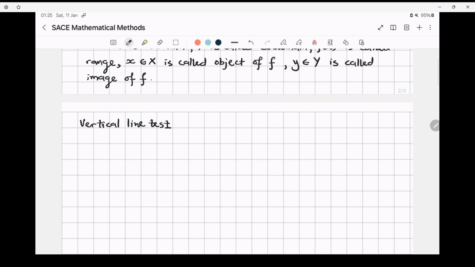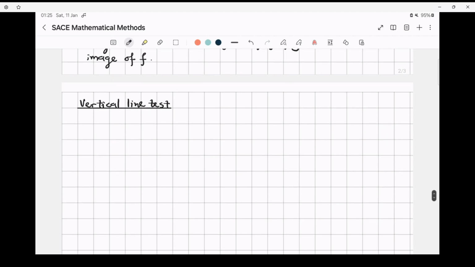So the idea of the vertical line test is to test whether or not your curve is a function.